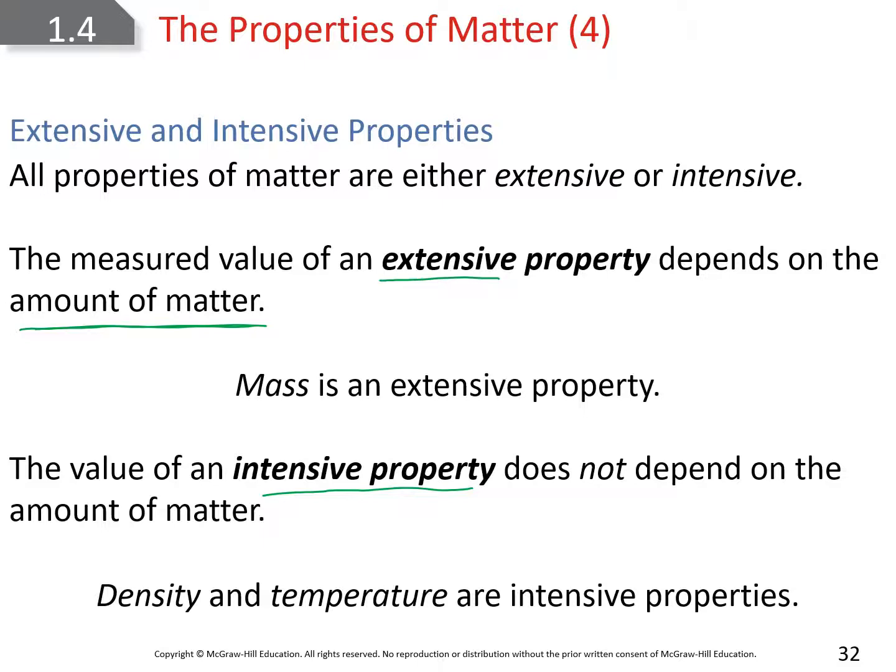So for example, mass is an extensive property. But density and temperature are intensive properties. Density is dependent upon volume, and temperature has absolutely nothing to do with mass. Well, it does, but for the purposes of what we're talking about, it doesn't.